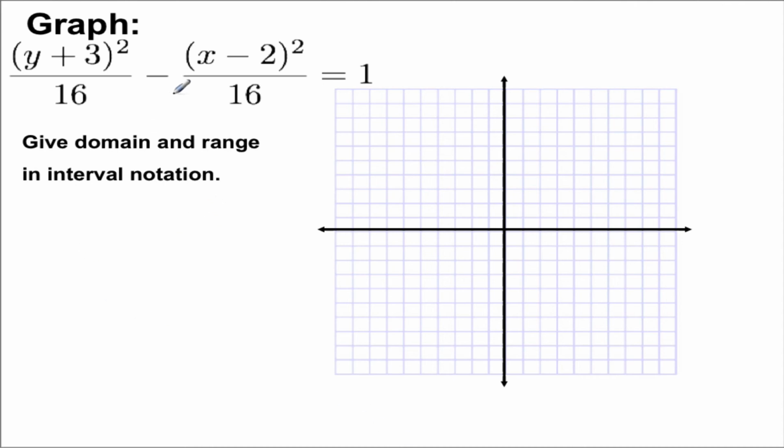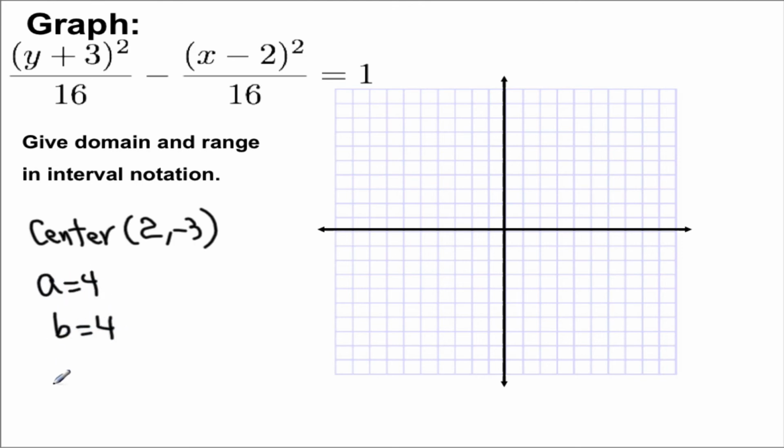We know this is a hyperbola because there is a minus in the middle, but since y is the first variable, this hyperbola will be opening up and down. The center of this hyperbola will be (2, -3). Always x coordinate first, y coordinate second, so 2 and then -3. a is equal to 4 and b is also equal to 4.